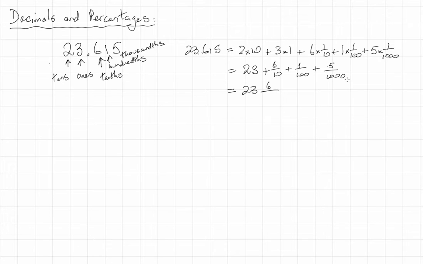So it looks like we're going to have to make them all into thousands, so we've got to multiply this by 100, so it'll be 600 on 1,000, plus 1 times 10, which is 10 on 1,000, plus 5 on 1,000. So that's equal to 23 and 615 on 1,000.